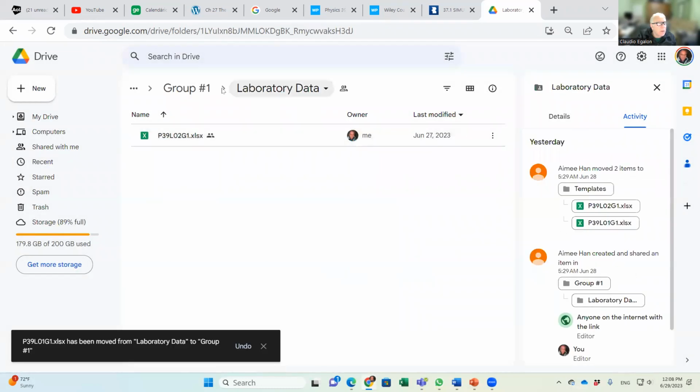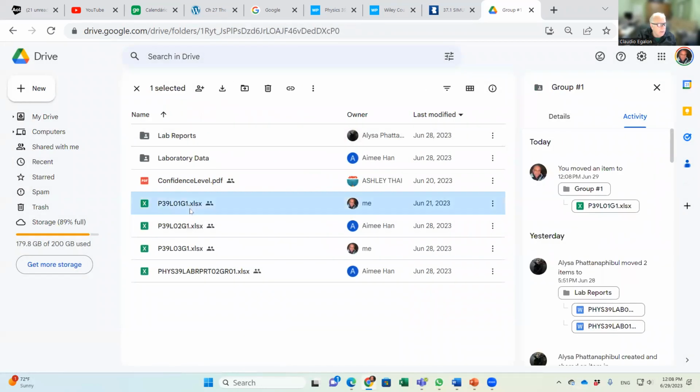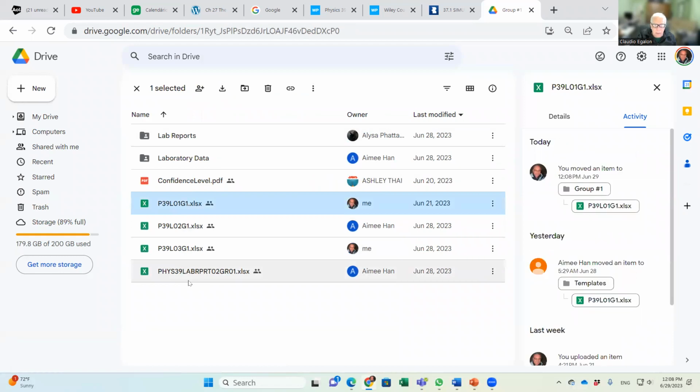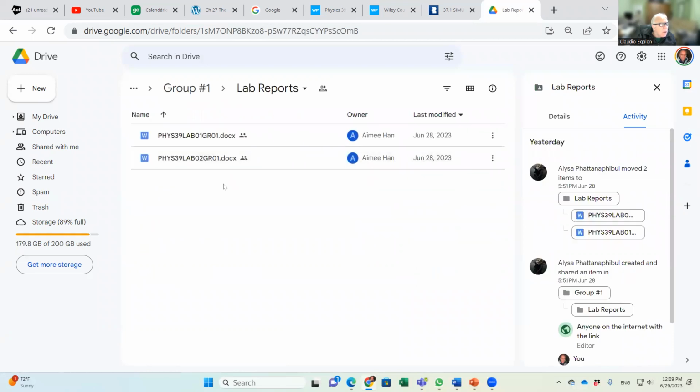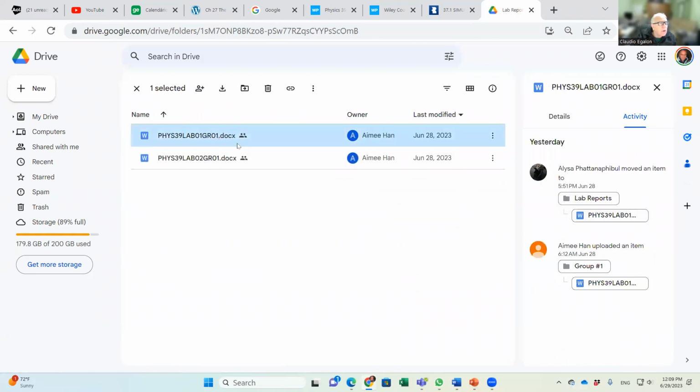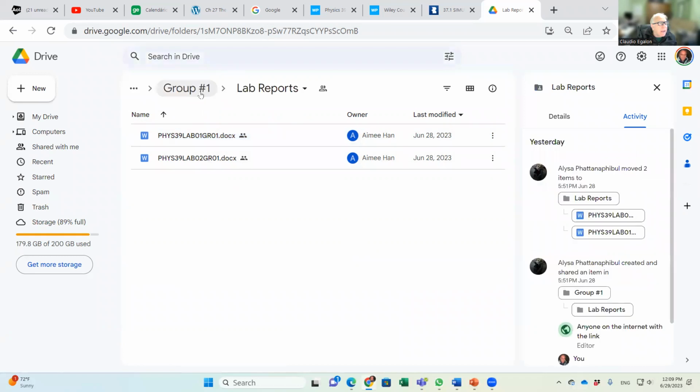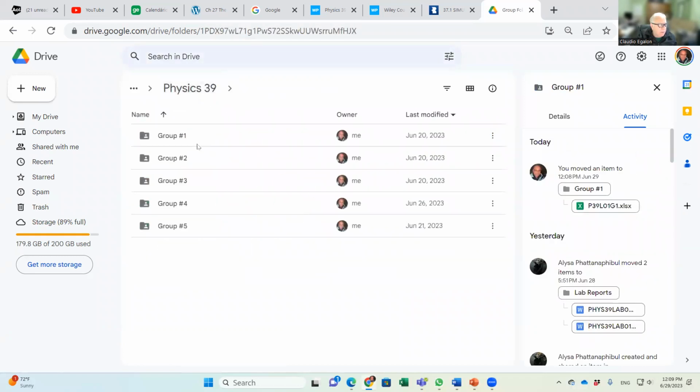Okay, and that's the lab report. So yeah, I still don't see, maybe it's here. Okay, yeah, it's here. So make sure you do not rename the document, okay? Because I like to keep it in that other format in my computer. Let's see, group two.